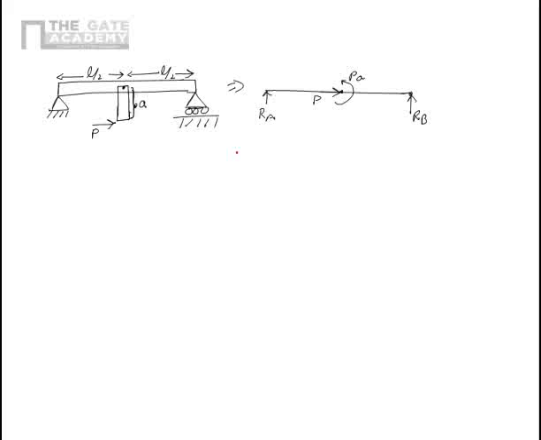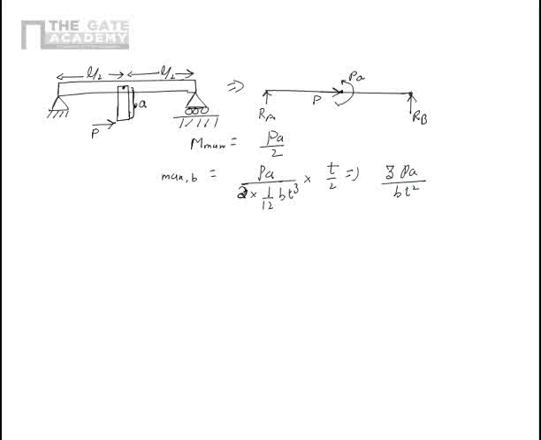So obviously we know for this case the maximum bending moment is given by PA by 2. So the maximum bending stress will be PA by 2 multiplied by 1 upon 12 Bt cube multiplied by t by 2. So that gives me 3PA upon Bt square. That's the maximum bending stress.